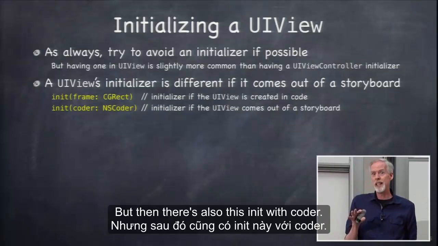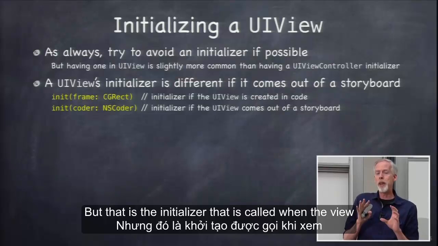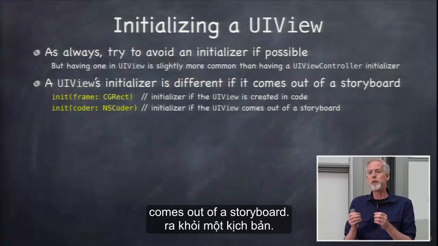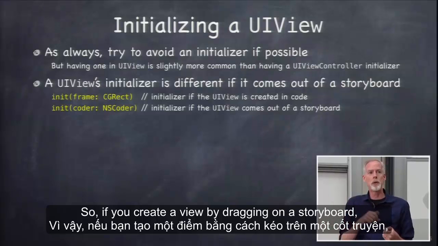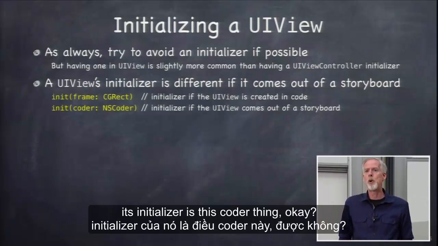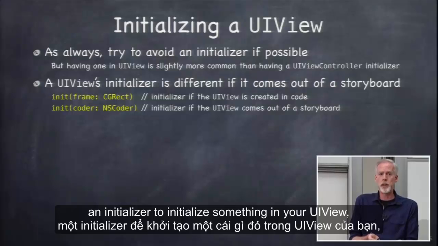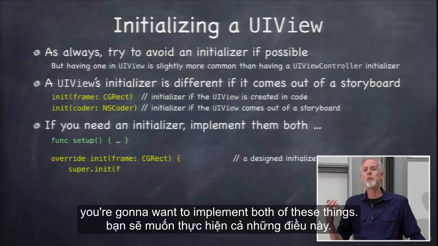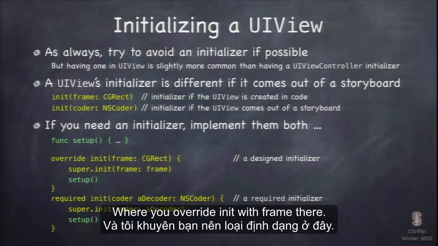But then there's also this init with coder, and I'm not going to talk about coders and archiving and all that, but that is the initializer that is called when the view comes out of a storyboard. So if you create a view by dragging out in a storyboard, its initializer is this coder thing, okay? So if you absolutely have to use an initializer to initialize something in your UIView, you're going to want to implement both of these things. And I recommend this kind of format here, where you override init with frame there.